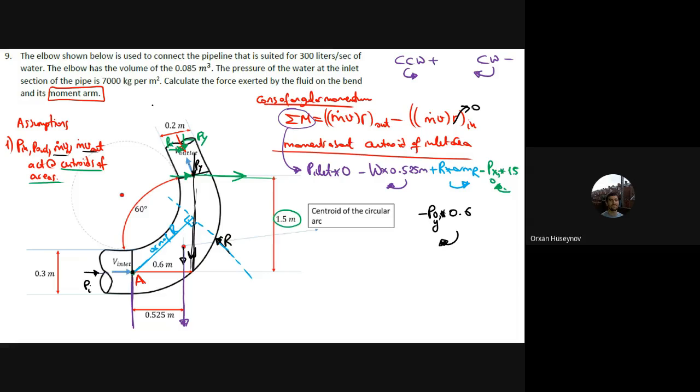But now you can see that they act at the same point as the pressure. So this one is the same as pressure out, but only the direction is different.